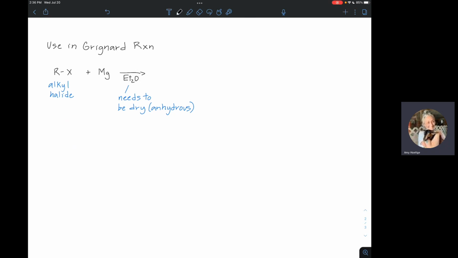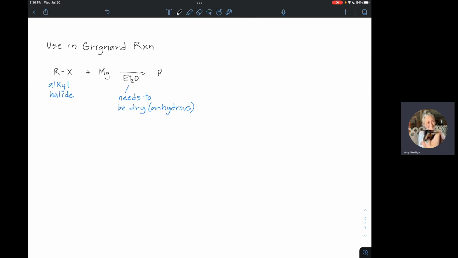And ethers are particularly hygroscopic. So very often you'll find a certain percentage of water hanging out in the ether. So you will specifically buy a bottle, and it will be more expensive, of anhydrous ether. And it doesn't have any water in it, and that's what you'll use for your Grignard reaction, because you cannot flame dry your ether unless you want a fireball, which can be kind of fun.